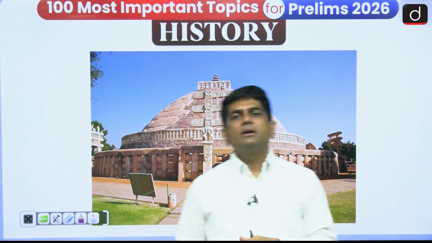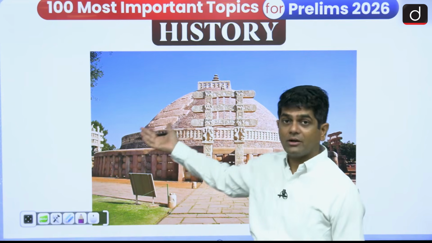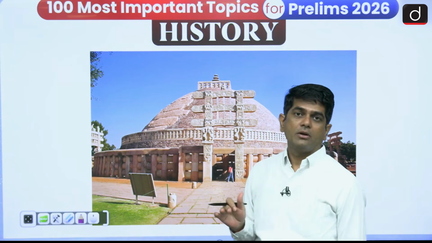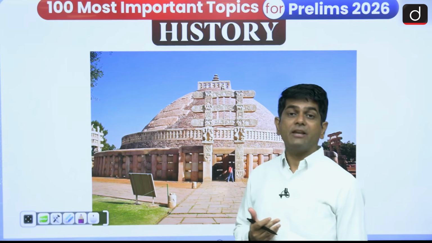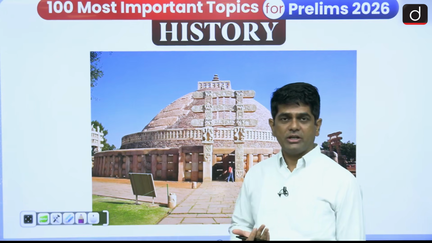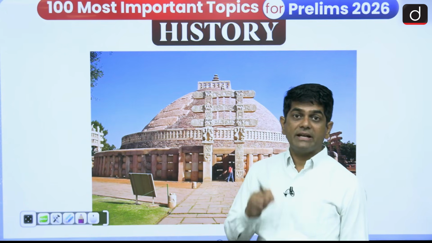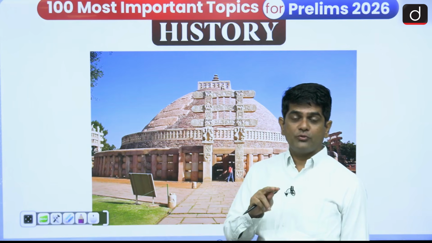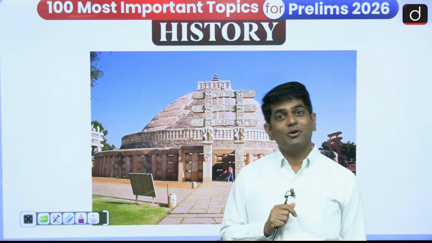Clear, na? So now the stupa contains the relics of Gautam Buddha. It may contain the relics of his favorite disciples. Like if you visit Sanchi, then in Sanchi Stupa number 3 we have the relics of the two favorite disciples of Gautam Buddha, Sariputra and Maudgalayan.